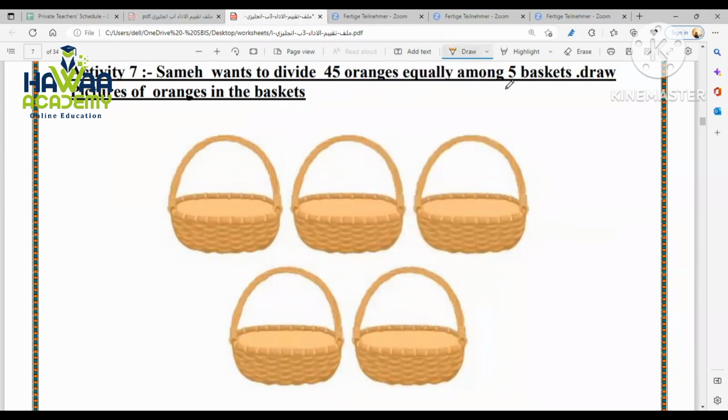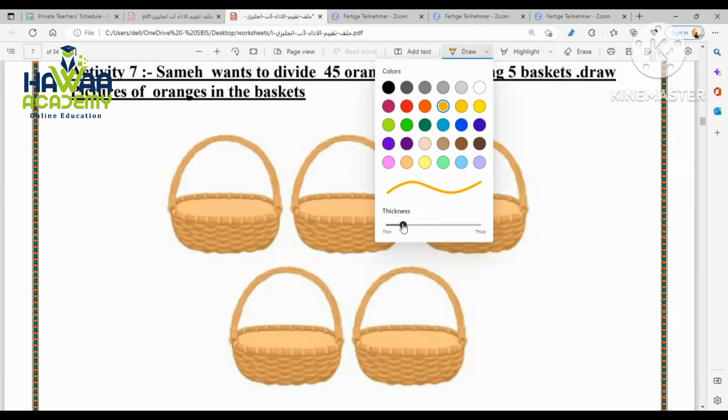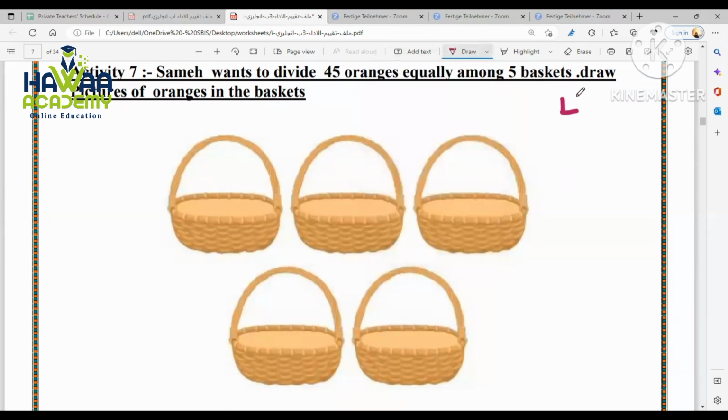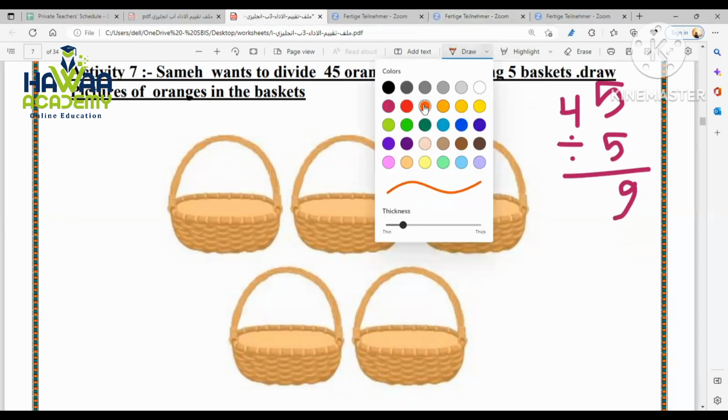So I want to think, 5 times what will be 45? Let me think. It's just 9. Good job. So I know 45 divided by 5 is 9. So we just need to draw 9 oranges in each basket.